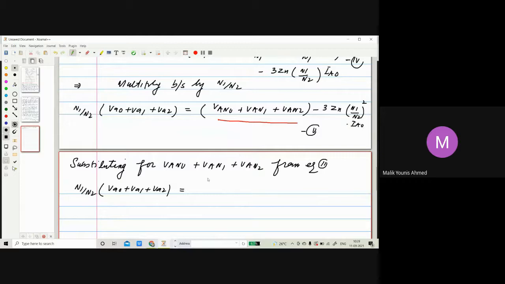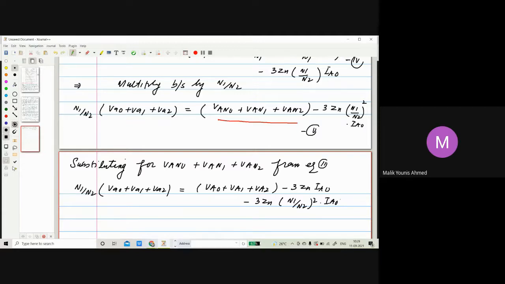So this is equal to VA naught plus VA1 plus VA2, then minus 3Zn IA naught, minus 3Zn n1 divided by n2 whole square multiplied by I naught.